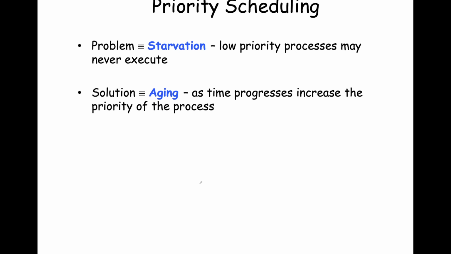As a process waits over time, its priority is gradually increased, so that processes whose priorities were not the smallest will eventually become the smallest, because those that had higher priority will start to increase in number value and therefore decrease in priority over time.